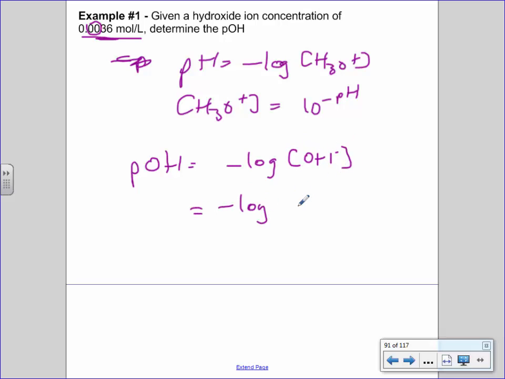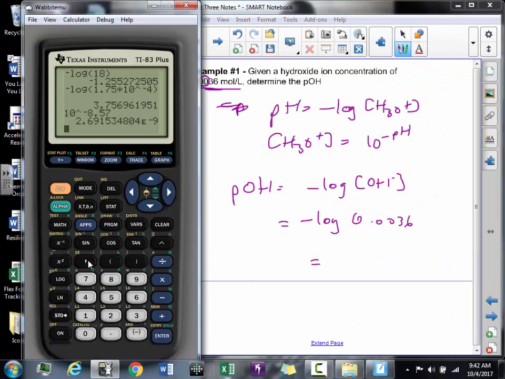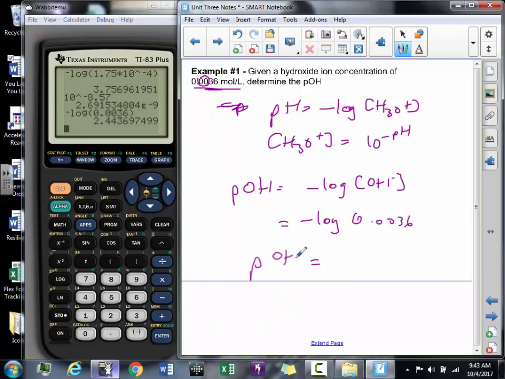So if I negative log 0.0036, okay, I have a pOH of 2.44. Acid or base? A low pOH is a base.